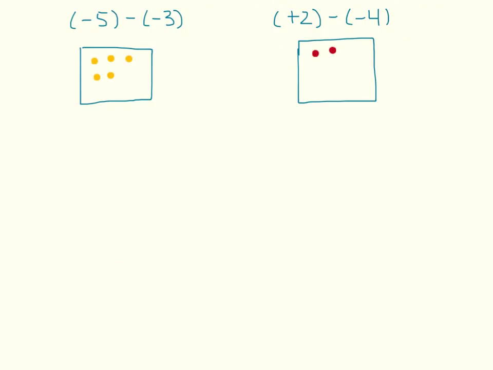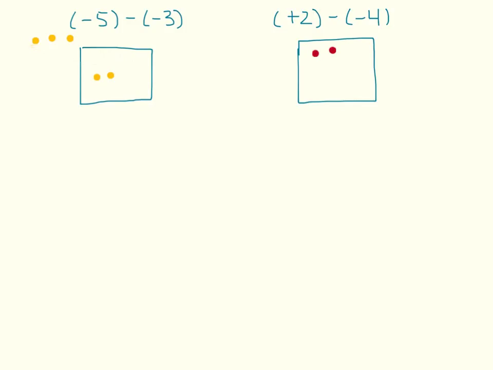Now we're going to try the same strategy except with negative numbers, subtracting negative numbers instead of subtracting positive numbers as we did last time. We'll do it the way we did in 9.3. We have negative 5 minus negative 3, and we take off negative 3 because we've got those negative 3 to take off. In the second one, we have positive 2 on our balance, but we need to be able to take away negative 4.